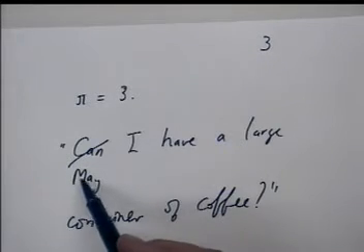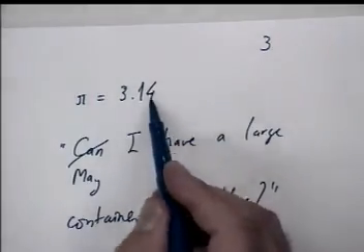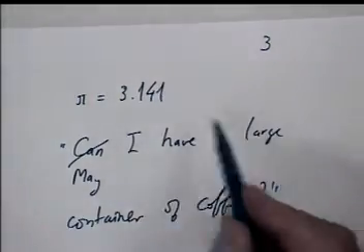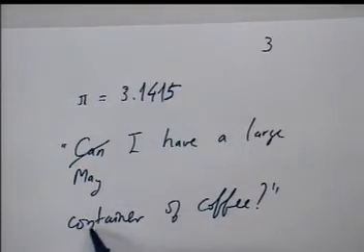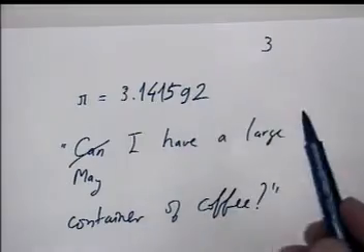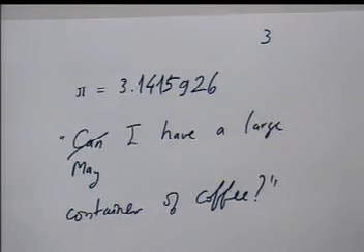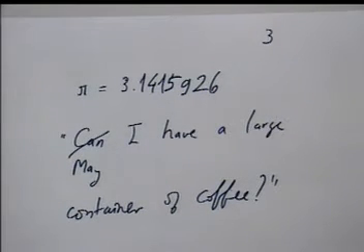So here we count 3 letters, and 1, 4, 1, 5, 9, 2, 6. So please, when you drink coffee, remember pi. And every time you deal with pi, please remember coffee.